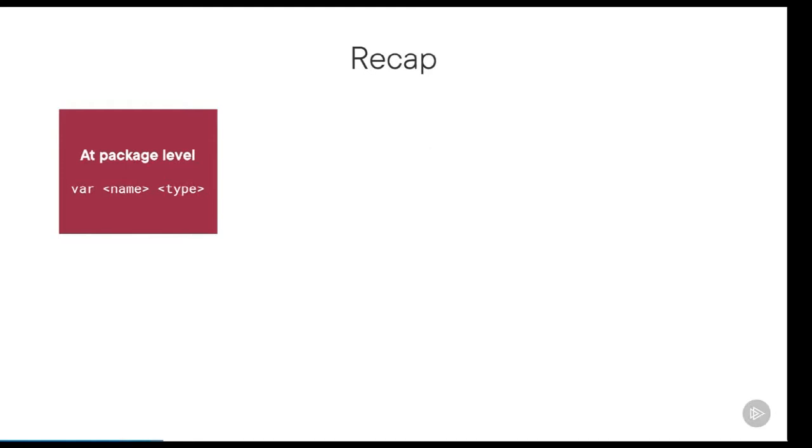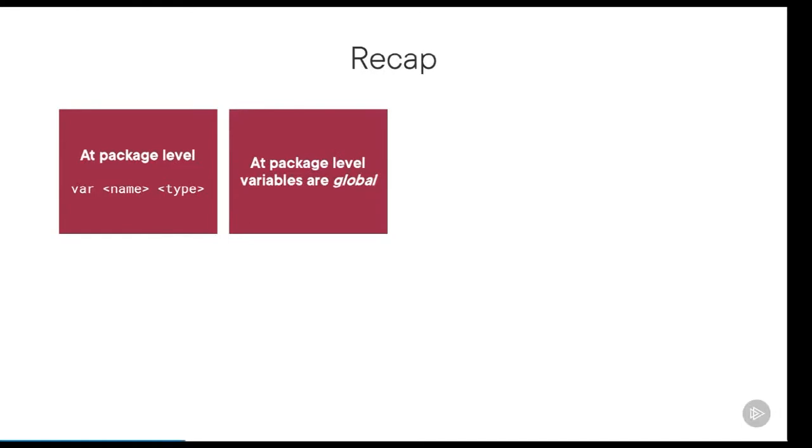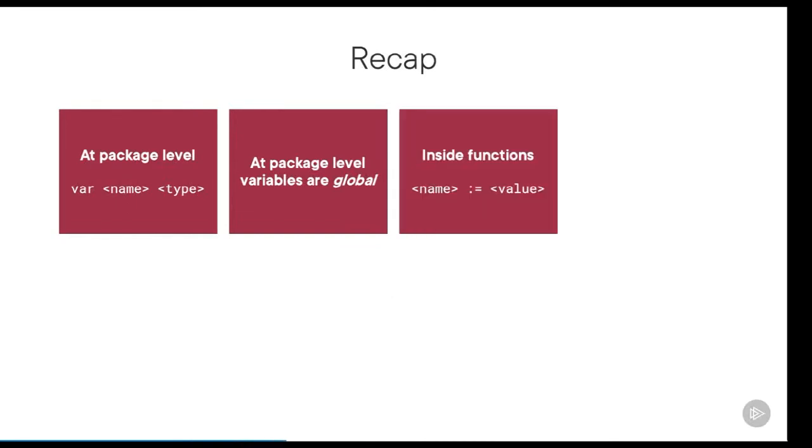Well, we said that variables declared at the package level are global in scope, so available to all functions. And also though, when declaring at the package level, so outside of any function, the only way to do it is with the var keyword. However, if we're inside of a function, then the more idiomatic way is with the short form operator. And to be fair, that's the way we'll do it most of the time.